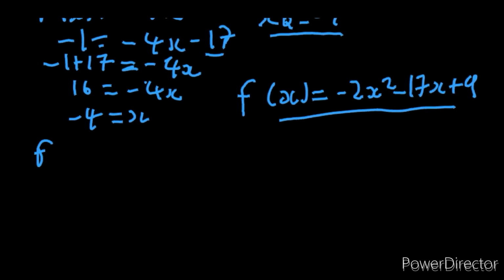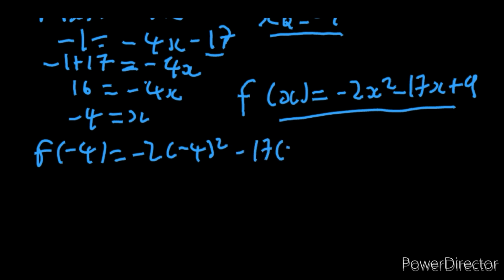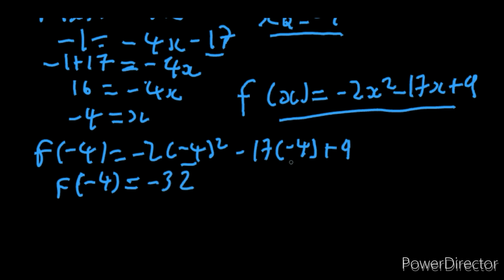So f of minus 4 is equal to minus 2 into minus 4 squared minus 17 into minus 4 plus 9. So f at minus 4 is equal to, minus 4 squared is 16 times minus 2 is negative 32. And then this part is going to be 17 times 4, which is 68.